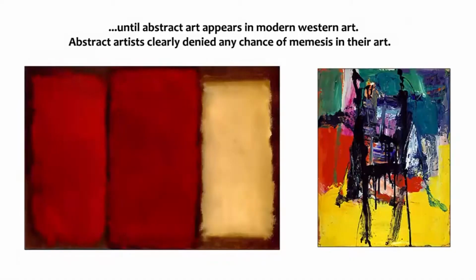Then in early modern art, there is also an element of mimesis, but in the 1940s and also earlier to that, there are few artists who set out to create some artworks where there will be no chance, no element, no scope for any kind of mimesis. They were creating abstract art. Thank you.